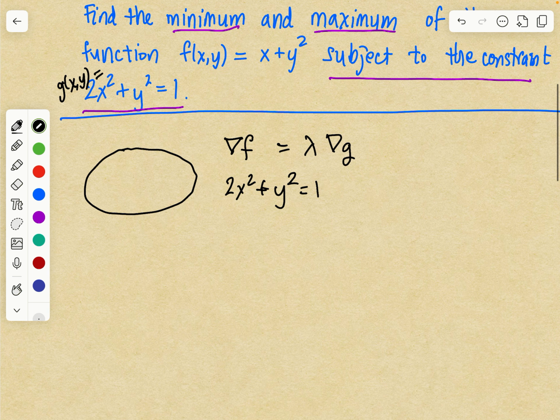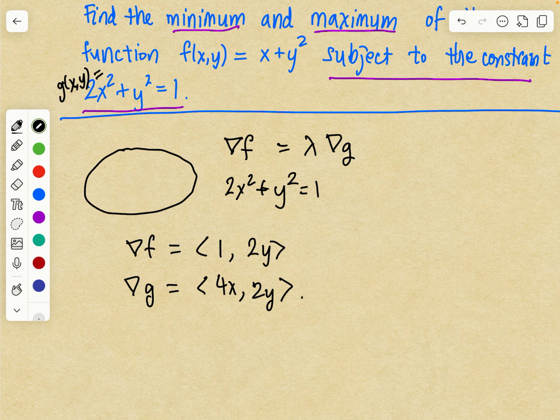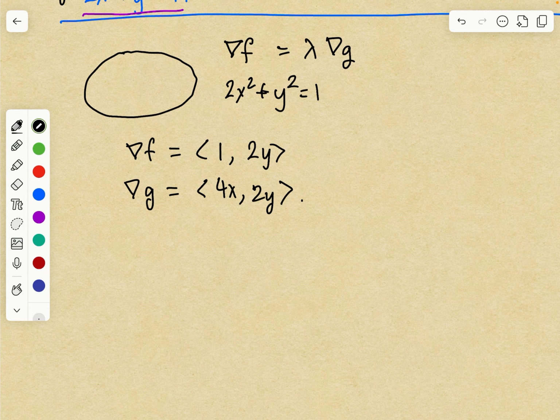So let's write out the equations you get by taking the gradient and setting it equal to lambda times the gradient of g. So the gradient of f is 1 comma 2y. The gradient of g is 4x comma 2y, right? So when you set the gradient of f equal to lambda times the gradient of g, you get these two equations.